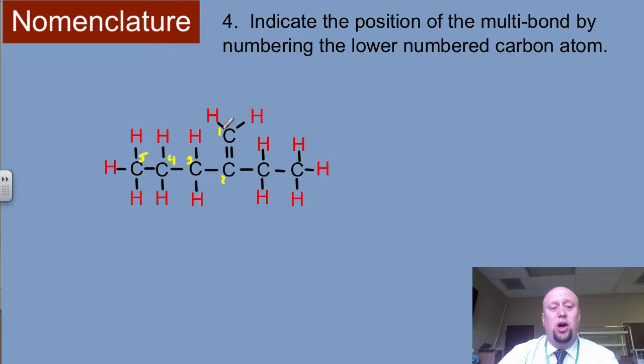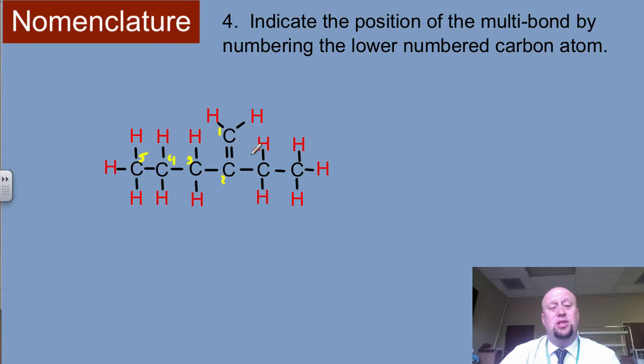We're going to number the bond according to the lowest number, because technically this double bond touches both the 1 and the 2 carbon. But you always number or name it according to the lowest carbon that it's attached to. Again, pretty straightforward. We're trying to keep the numbers as low as possible. That's a general IUPAC rule for when we're naming things.